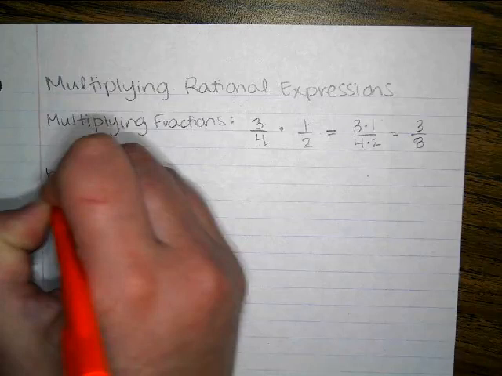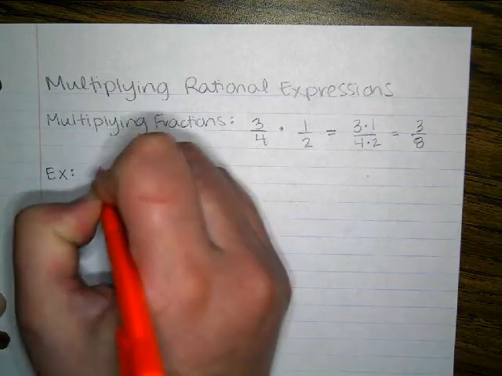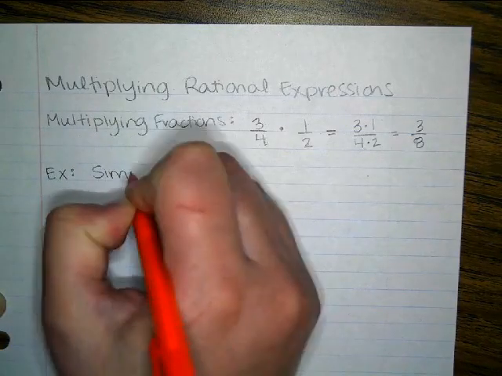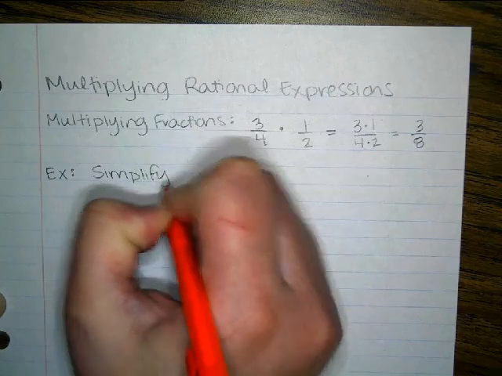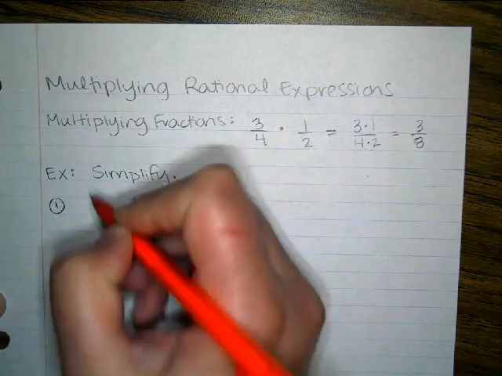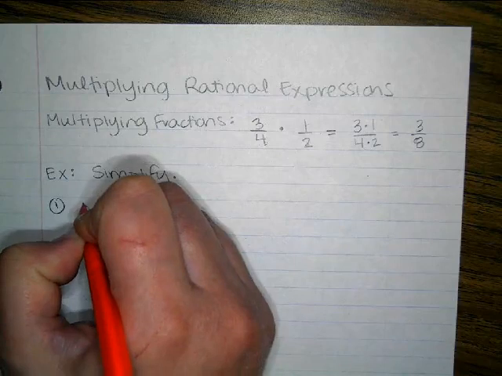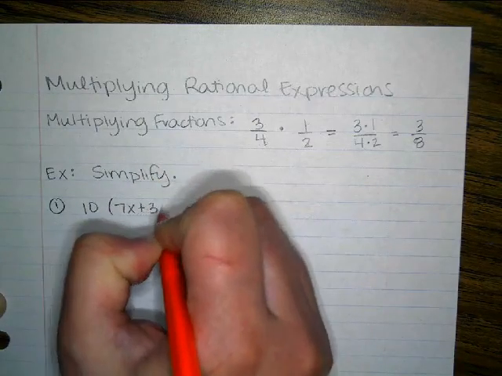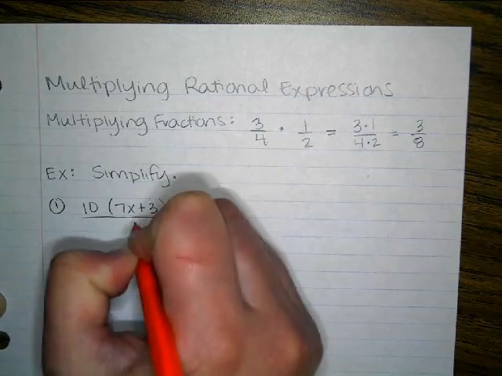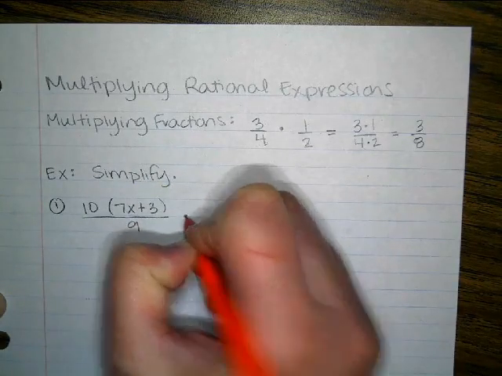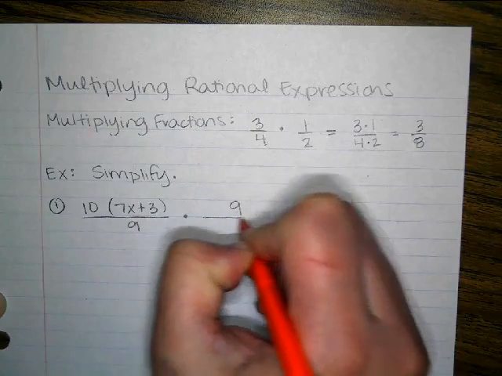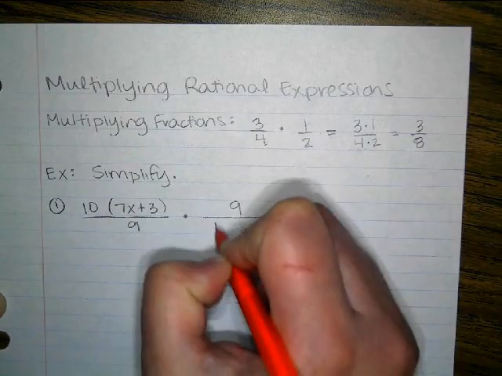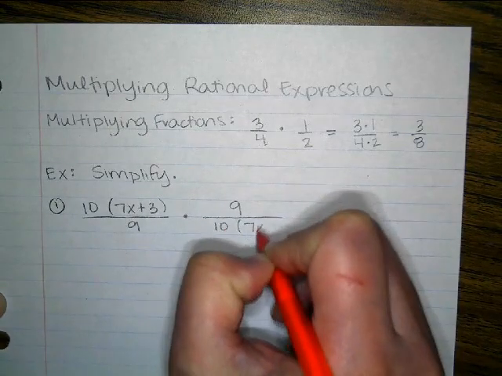So for our examples, the instructions are still going to be to simplify, but we're going to notice that the problems look a little bit different. For this one, we're going to have 10 times (7x plus 3) divided by 9, times 9 over 10 times (7x plus 3).